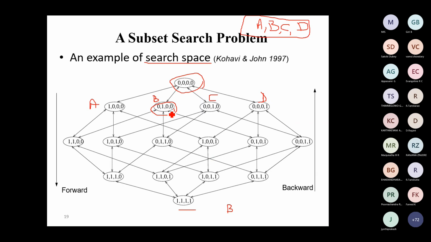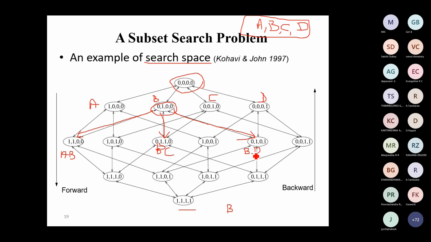Next we have to check with the next feature, which is the next best one. We can combine B with A or C or D. So here we have AB, BC, and BD.